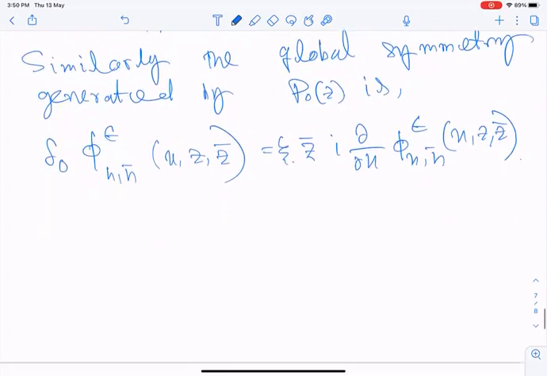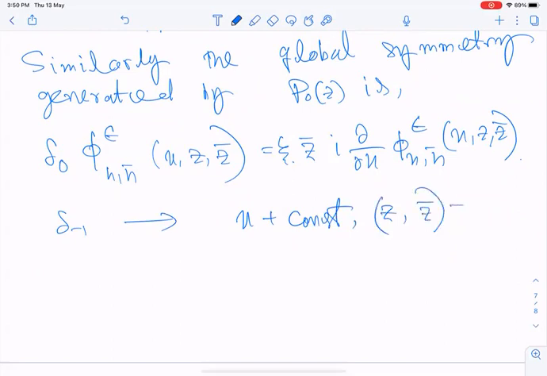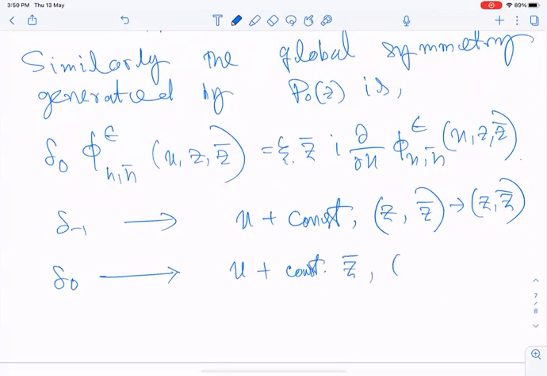So delta_{-1} generates u plus some constant, and z, z bar remains unchanged. Similarly, delta_0 generates the transformation u plus some constant times z bar, and z, z bar does not change. Now these are the global space-time translations.